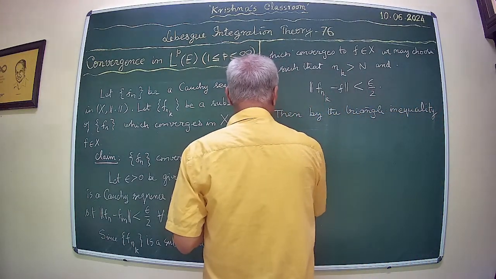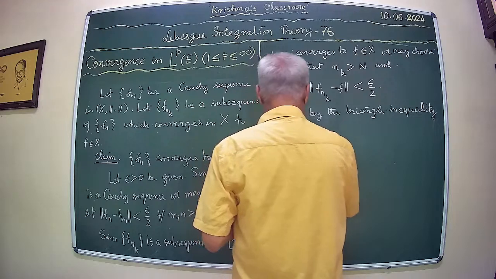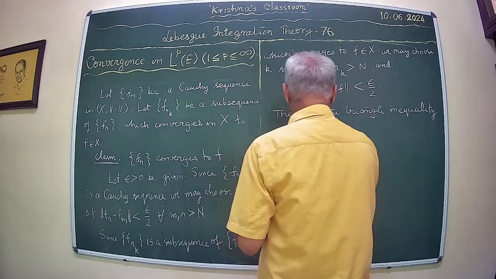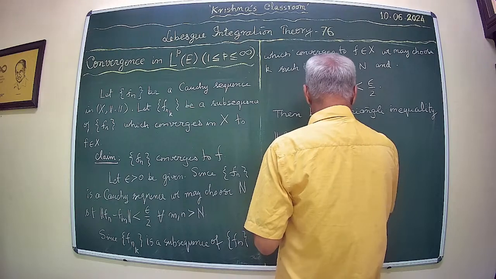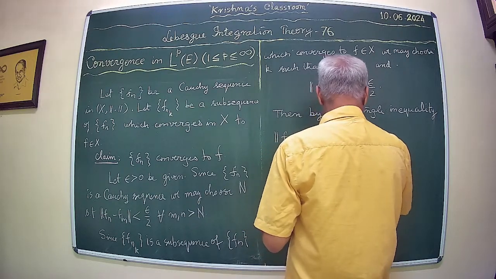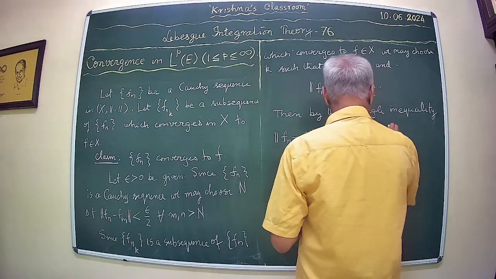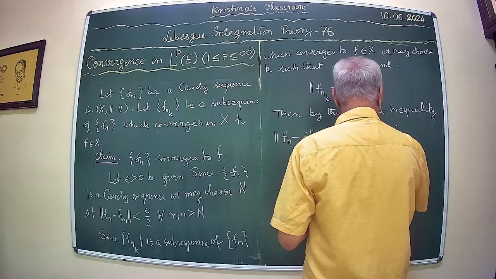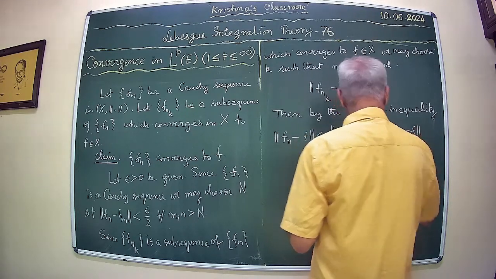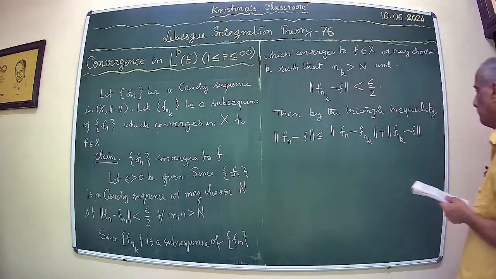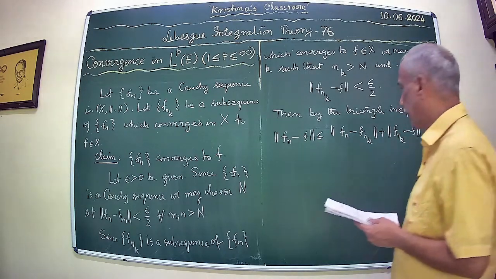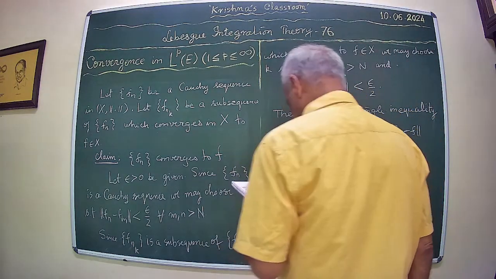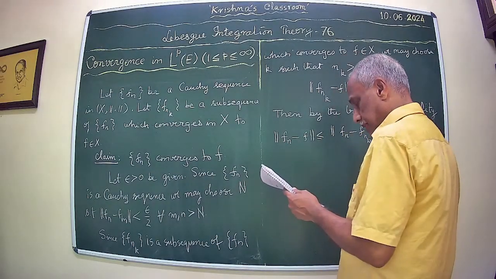Norm of Fn minus F, we add and subtract Fnk to it and then use the triangle inequality.